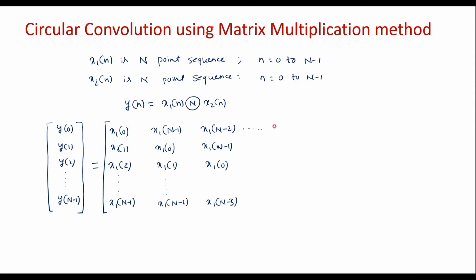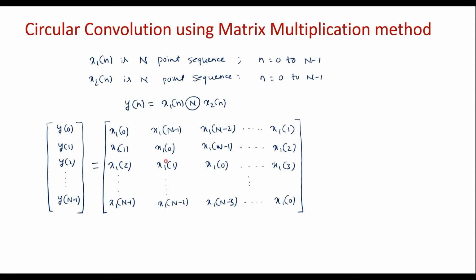Likewise, at the end we get the last sample as x1 of 1. Similarly, here we'll get x1 of 2, here x1 of 3, and here x1 of 0.